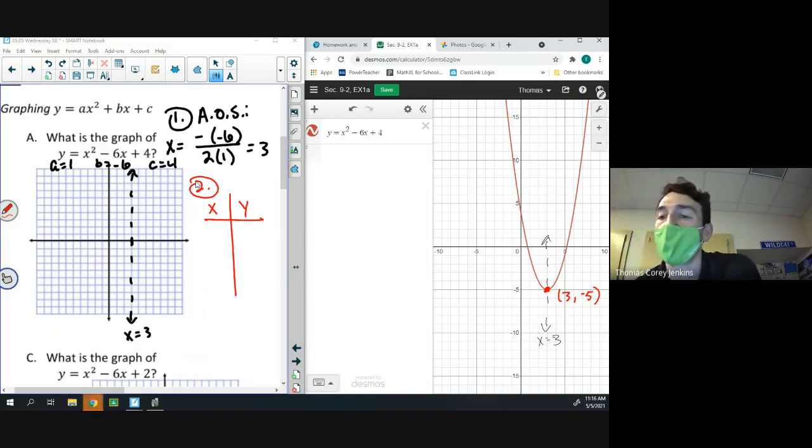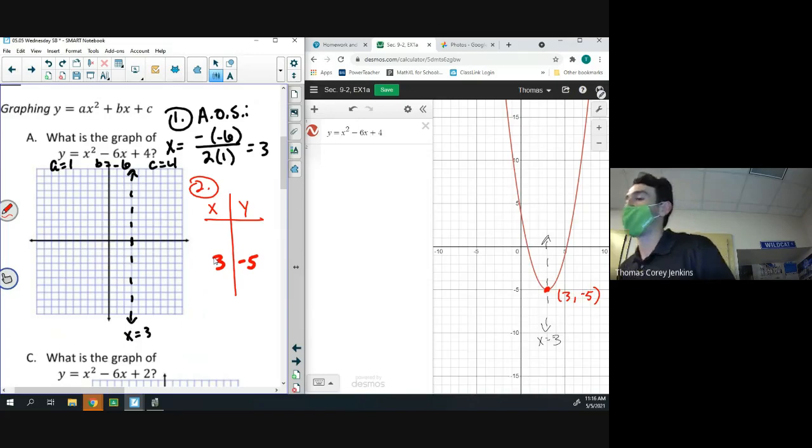Okay, so that's going to be 1 on my table. I'm going to just write in the middle of my table, 3 goes to -5. All right, after that, I want 2 points on either side of my vertex to show that symmetry, right? So I'm looking for corner points. It looks like from my vertex, I can go up 1 and right 1, and also up 1 and left 1, okay?